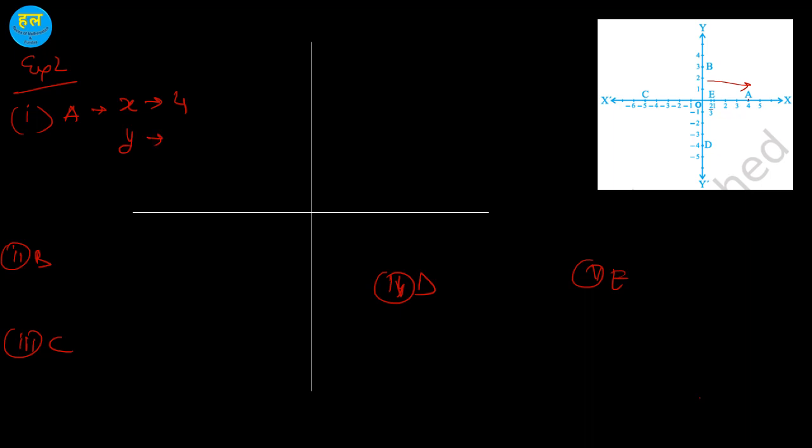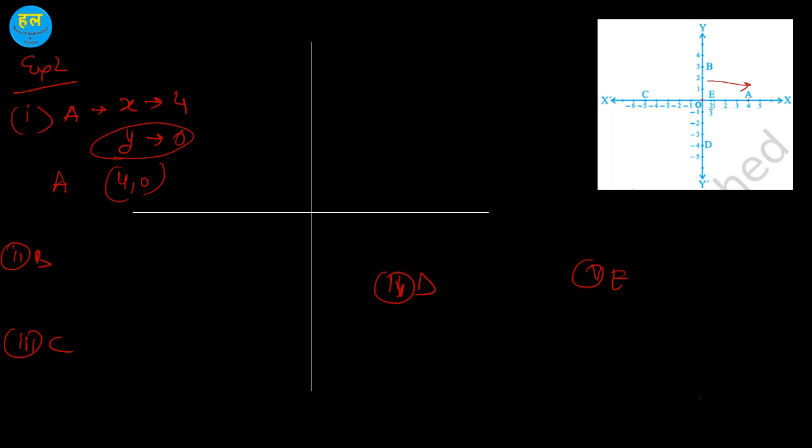Since it is on the line of the origin, y has to be 0. It is not above, it is on the line of the origin. Therefore we take y as 0. So the coordinate of A will be 4, 0.